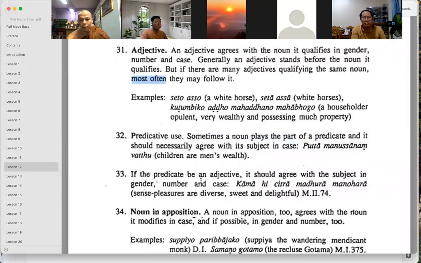So actually this example is not an adjective as subject complement. Maybe another example.